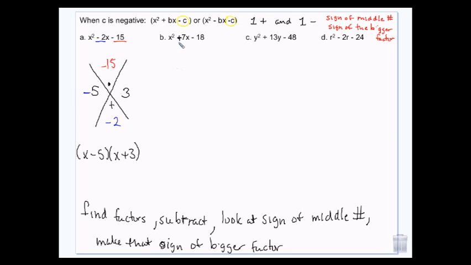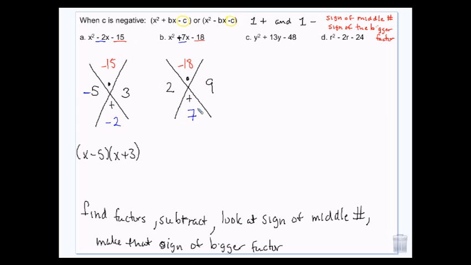I'm going to change this to a positive because I have 3 negatives and only 1 positive. So big giant X, multiplication, addition, negative 18, positive 7. Start looking for factors of 18. 1 and 18, if I subtract those, I get 17. 2 and 9. 9 minus 2 is 7, right?